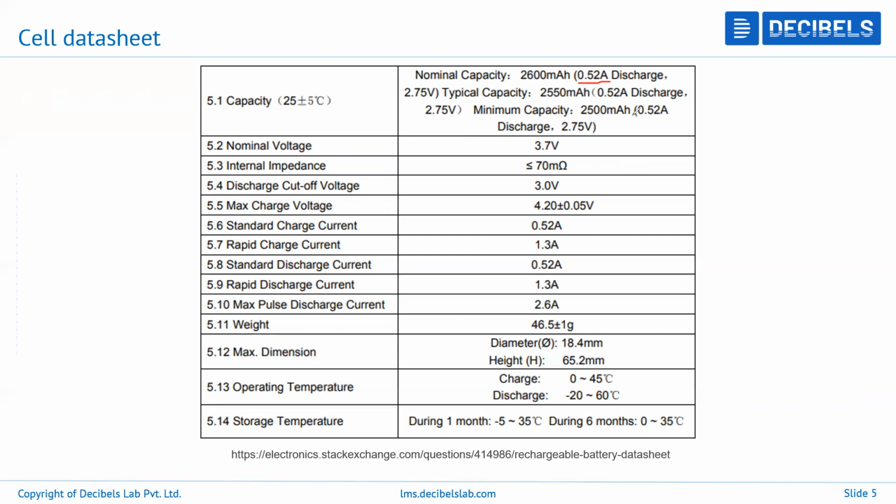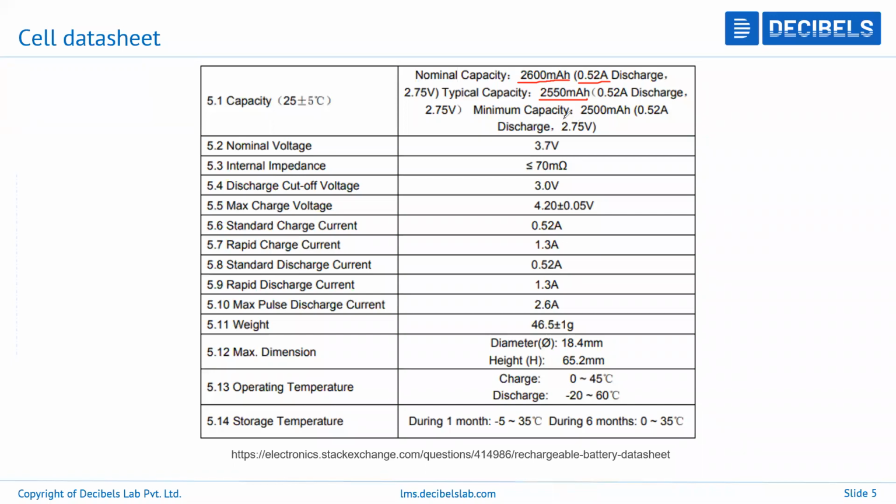If you discharge the cell at this particular current rate, then you would obtain a discharge capacity of 2600 mAh. But usually 2600 mAh is not always obtained. This is more or less the rated capacity. But what is actually obtained would be something realistically like 2500 or 2550 mAh.